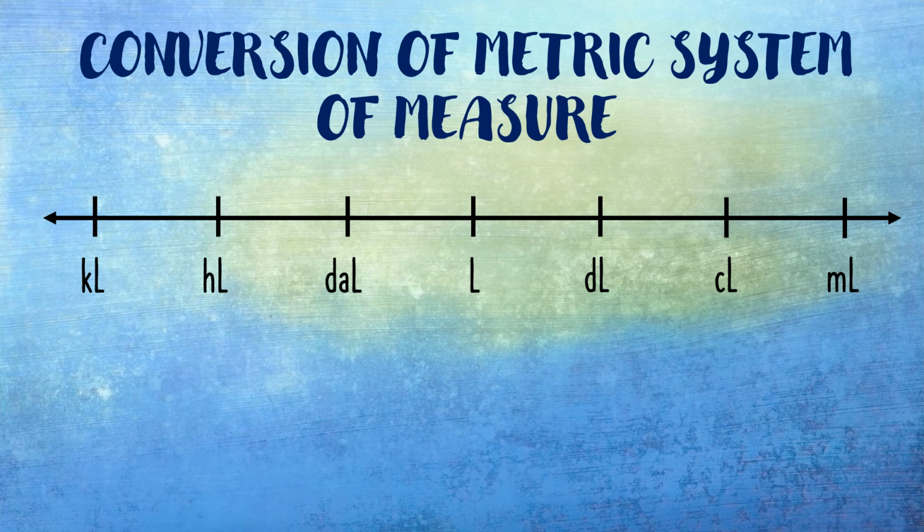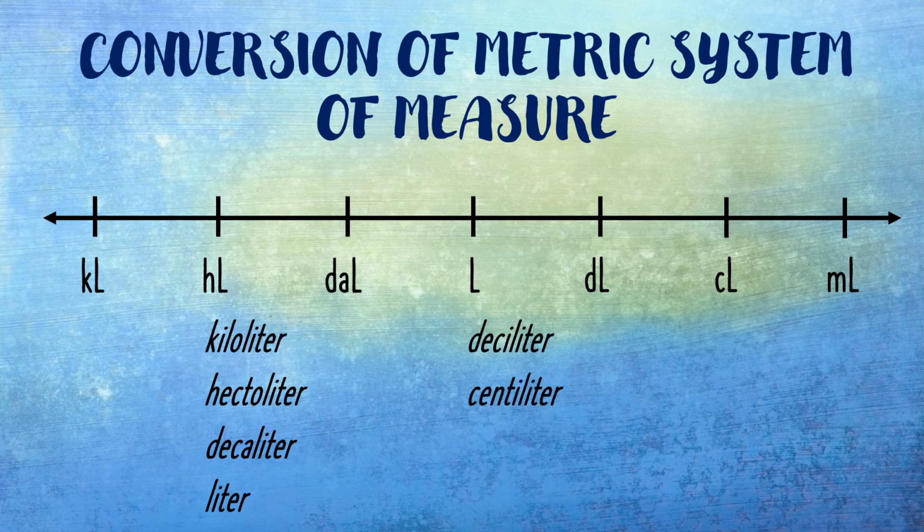So, kung mapapansin nyo, tulad lamang siya sa measure of length, ang pagkakaiba lang, yung mga letter na M, because when we are talking about the measure of length, that is the meter, so yung letter M lang sa bawat unit ay pinalitan ng capital letter L, na kung saan yung L, iyon yung nagre-represent sa liter, which is yung fundamental unit naman ng volume. So, KL is the kiloliter, HL is the hectoliter, DAL is decaliter, L is for the liter, followed by the deciliter, centiliter, and milliliter.